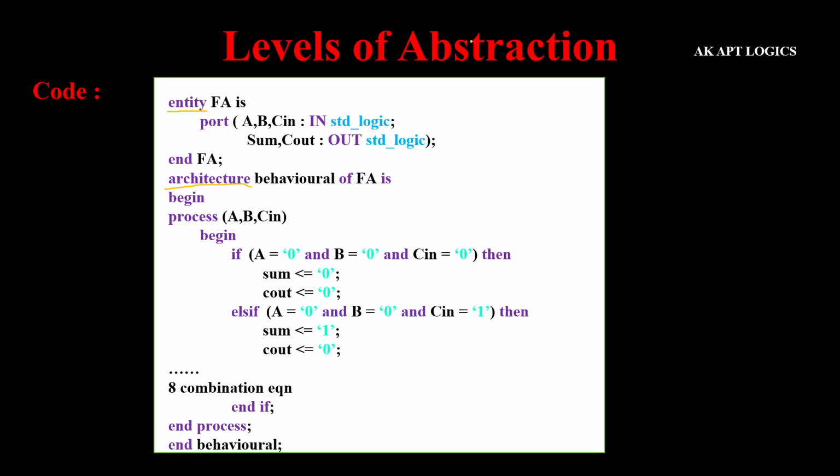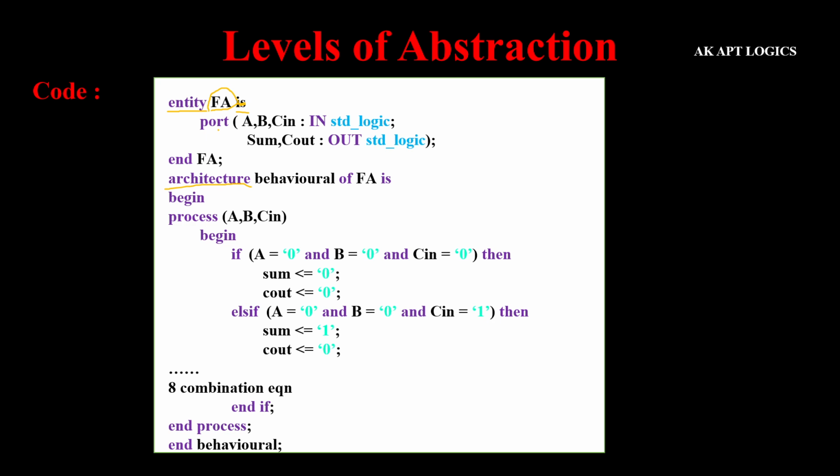In the entity we specify what the input and output ports are. I have taken the entity name as full adder FA, and is is a keyword; I forgot to mention it. In the entity we can mention generic constants, port declarations, and entity declarative items. This particular program doesn't require any generic constants. The generic constant is optional; only if required do we need to use it.